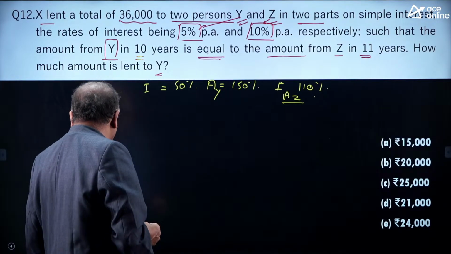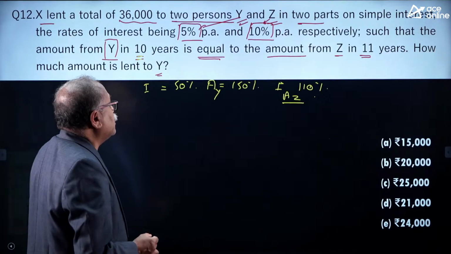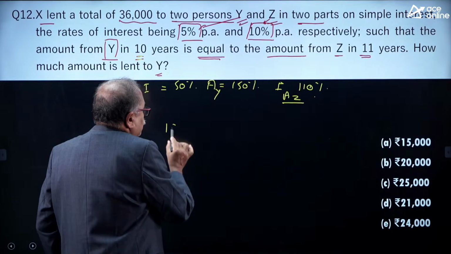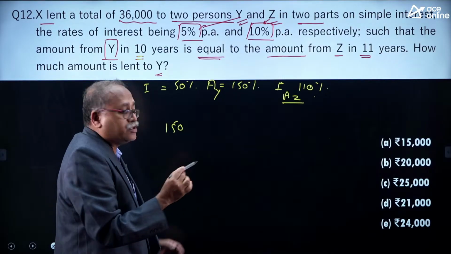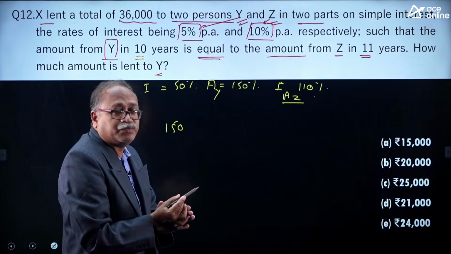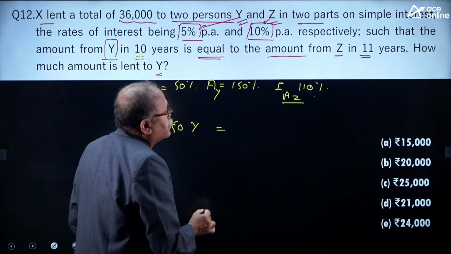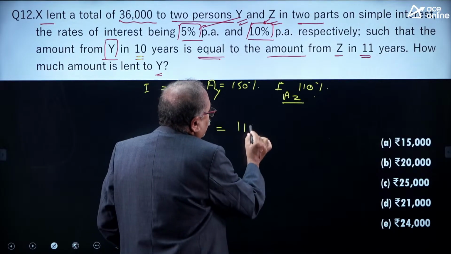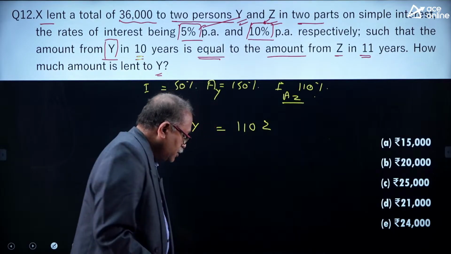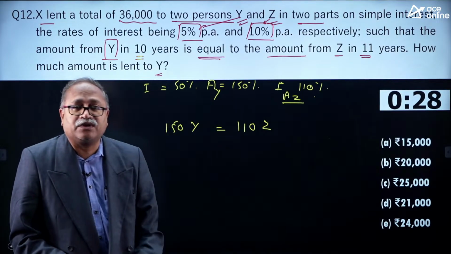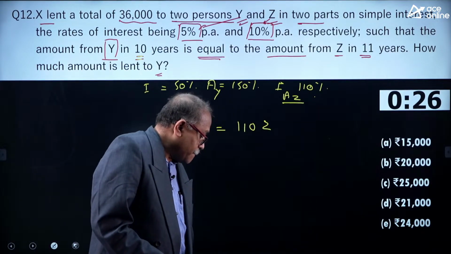So, these two are equal, that means 150% of Y. I will not write the percentage, because on the left hand side and right hand side the percentage will cancel. So, 150 Y is equal to 110 Z. The rest part you know, take your 30 seconds, and this is the last question for this class.